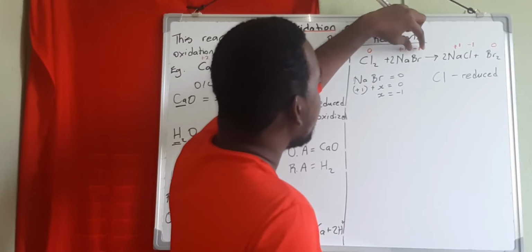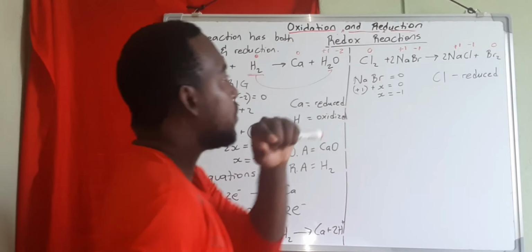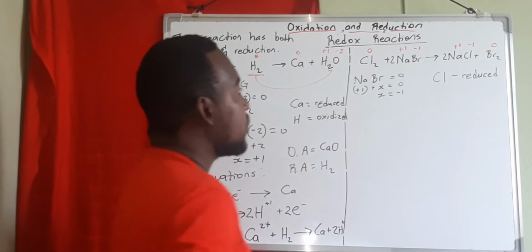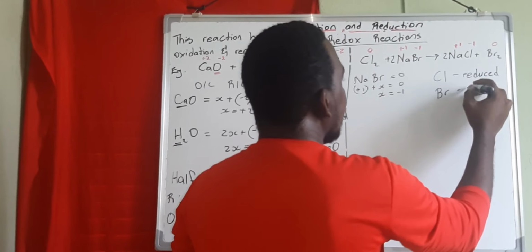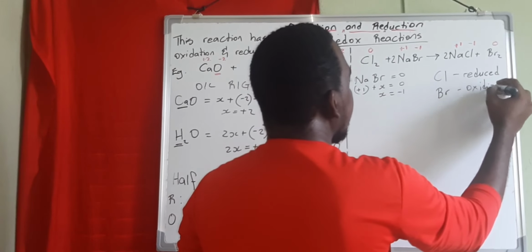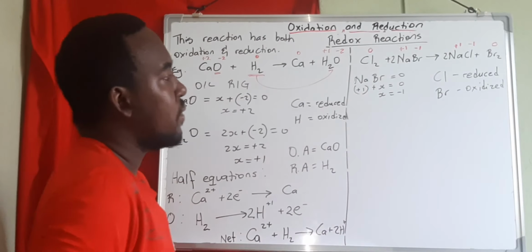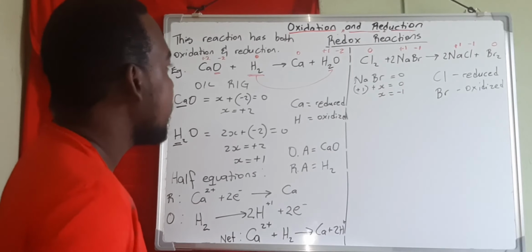And then Br moves from -1 to 0, so that means electrons were lost. So Br was oxidized. So Br is oxidized, chlorine is reduced.